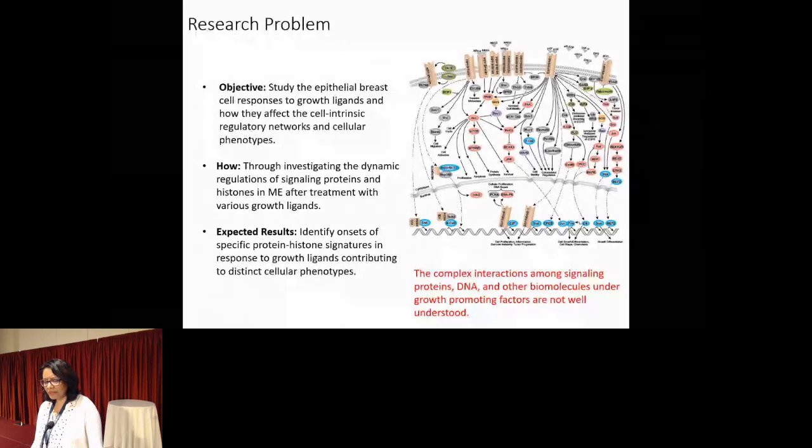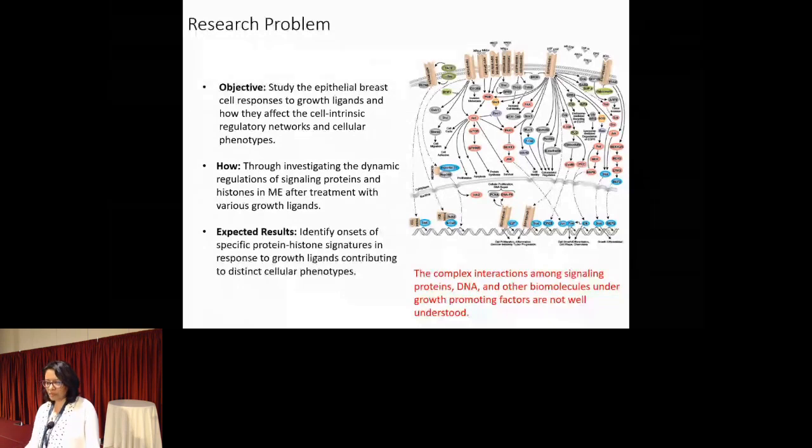We hope the expected results will give us an idea of the onset of specific protein and histone signatures in response to these growth ligands, and hopefully allow us to understand the initiation that occurs during breast cancer formation.